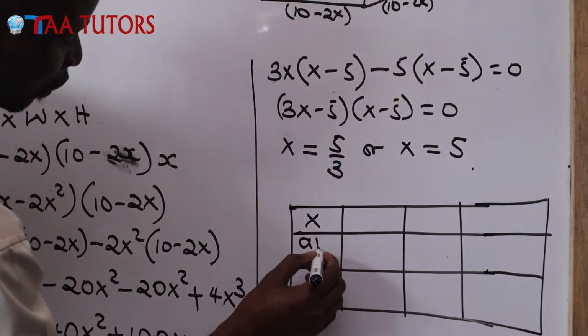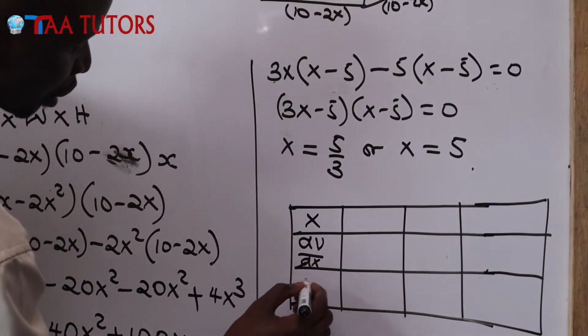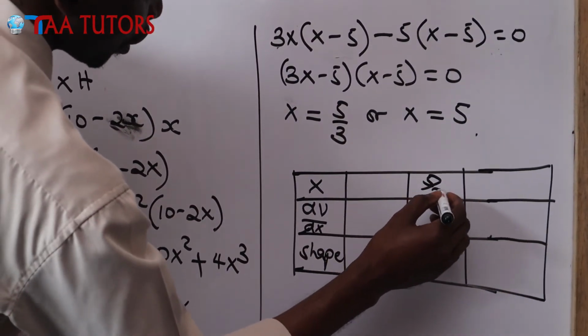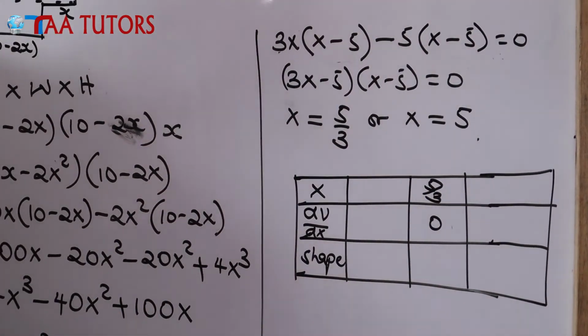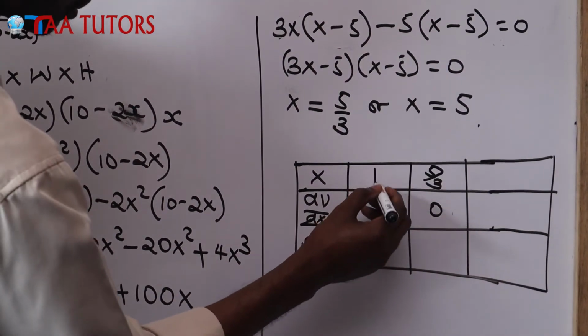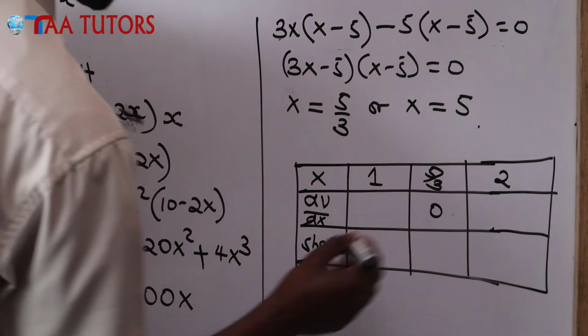And this is x, dv/dx, and this is shape. So this is 5 over 3, which I know the gradient will be 0 already. Now smaller than that, that's like 1, so I'll say 1. Then this is 2.